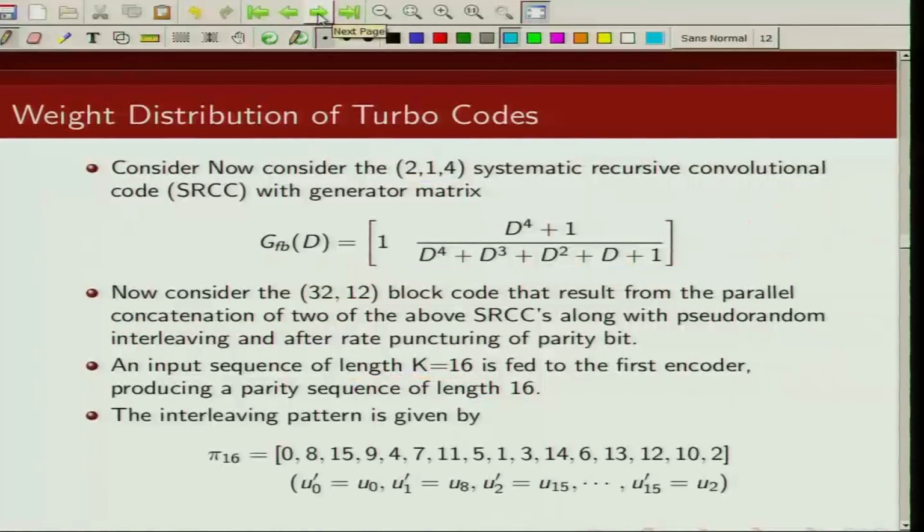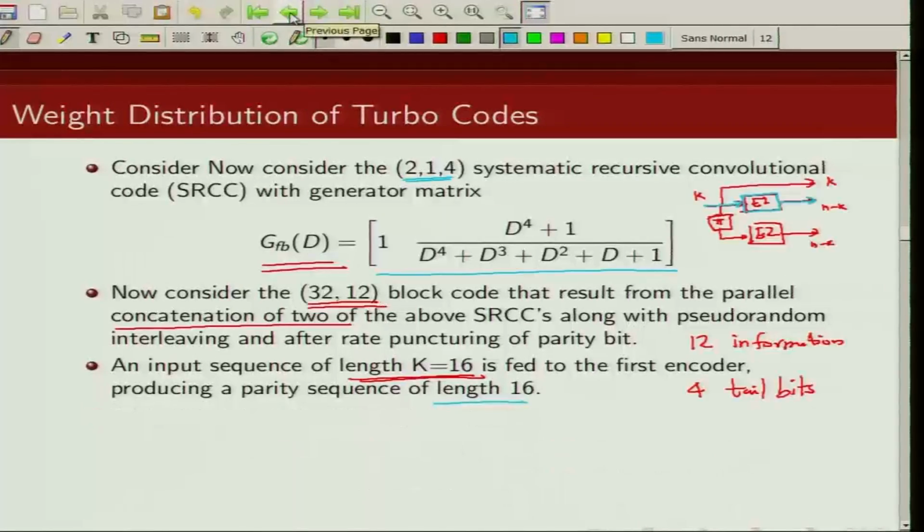Next, this information sequence is interleaved and fed to the second encoder. What the second encoder gets is an interleaved version, which is nothing but a permuted version of the information sequence. This is a length 16 sequence that comes here, and it also generates a parity sequence of length 16.